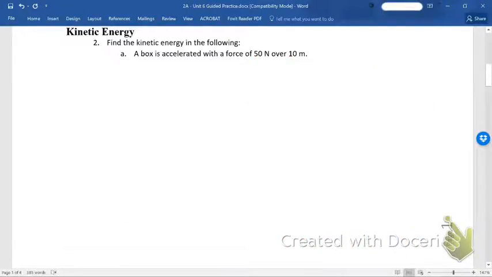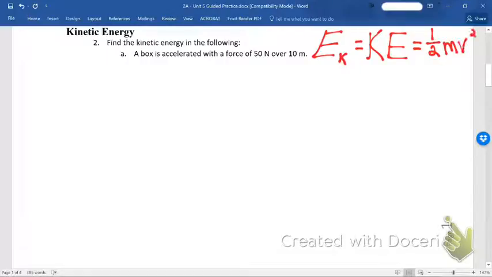Here in the next part, we're talking about kinetic energy. So we have our kinetic energy formula, which you might write as E sub k, or you might write it as KE, just depends on your preferred notation. But either way, this formula is equal to 1/2 mv squared.